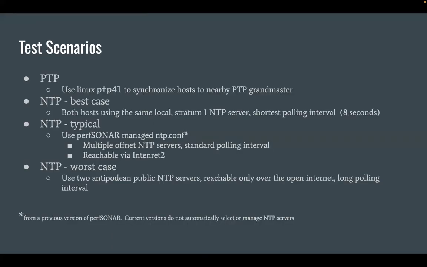I ran 4 different test scenarios. First one is using PTP, specifically PTP for Linux. I did 3 different NTP cases. The first one was NTP best case, which used that campus Stratum 1 server with the shortest polling interval I could configure without special configurations on the NTP server.